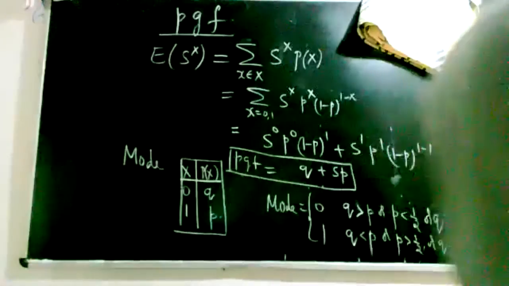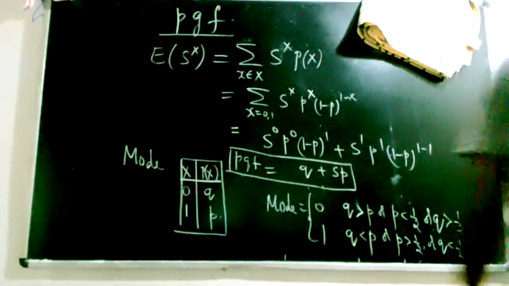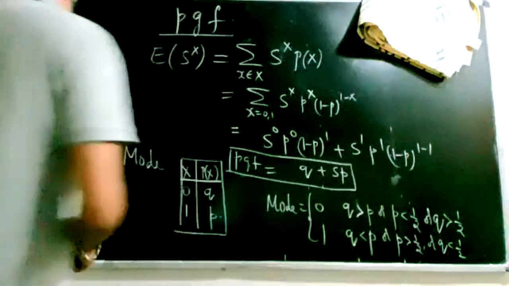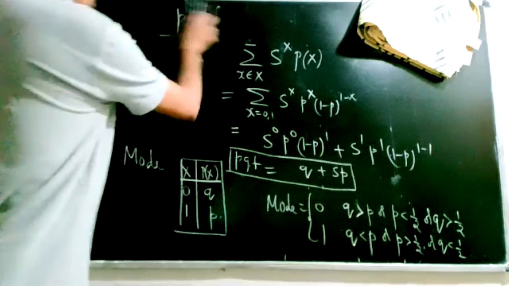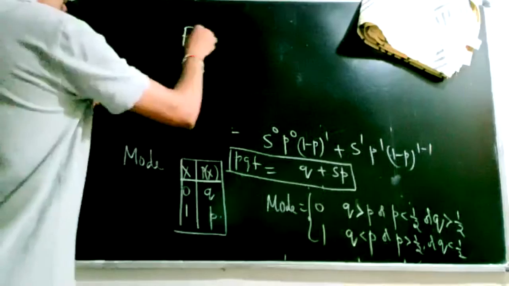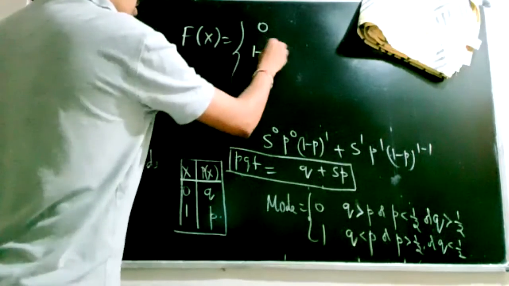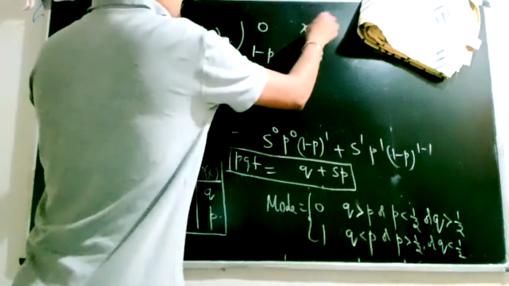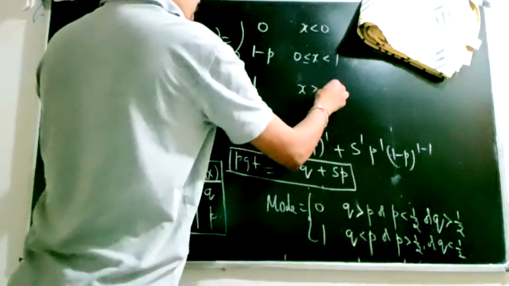Similarly, if you look into median, median is the value of x such that it has 0.5 probability when we take the total. So we had our F of x, which is the cumulative distribution function, as 0, 1 minus p and 1.